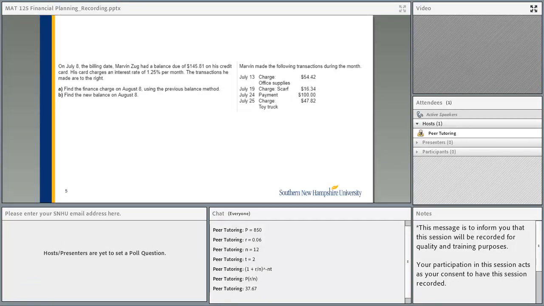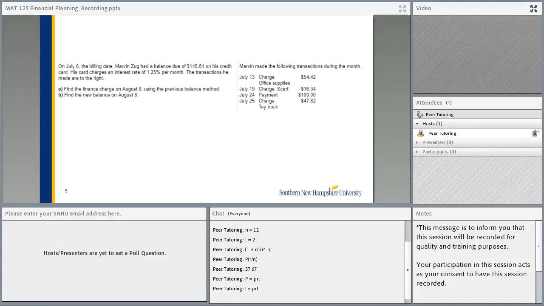So pretty much for Part A, you're just looking at simple interest. So, I actually mistyped there. It's going to be I is equal to PRT.